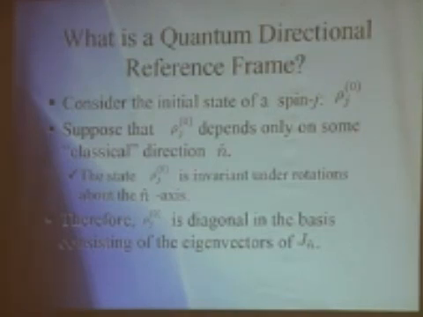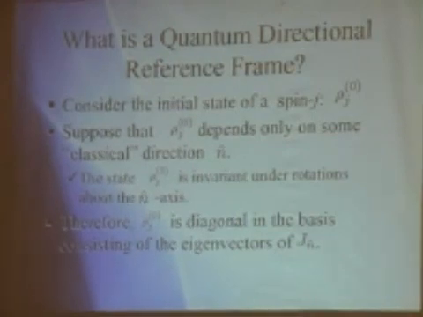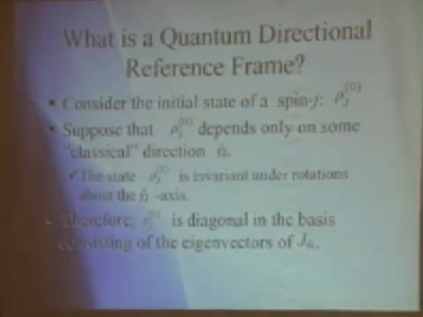So what we can say is that the state rho_j^0 must be invariant under rotation about the n axis. And this implies directly that rho_j^0 is diagonal in the basis that consists of the eigenvectors of the angular momentum operator in the n hat direction.